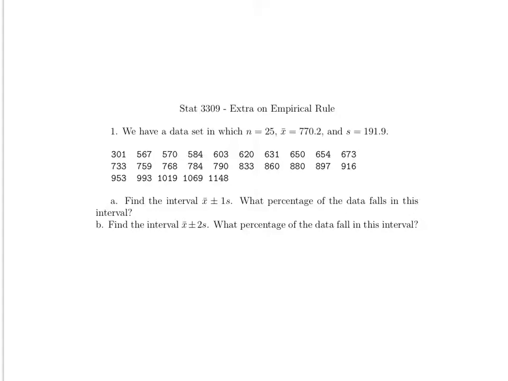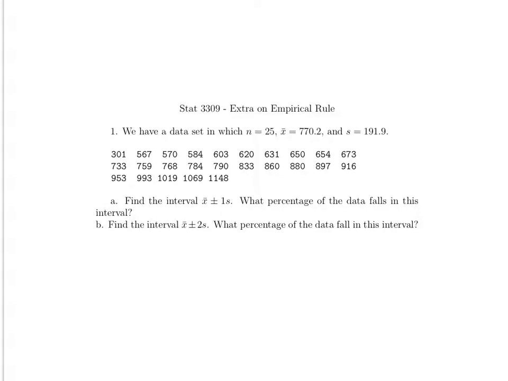And the first thing we want to do is find x bar plus or minus 1s. Okay, so your x bar is given, and what you want to do is calculate your interval. You're going to calculate 2 points, and that sets up your endpoints.